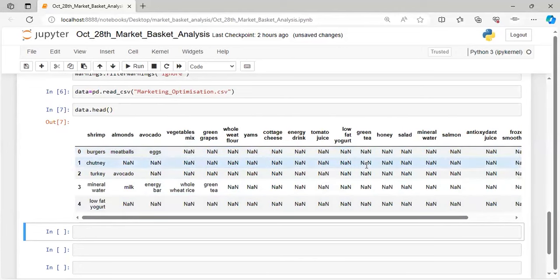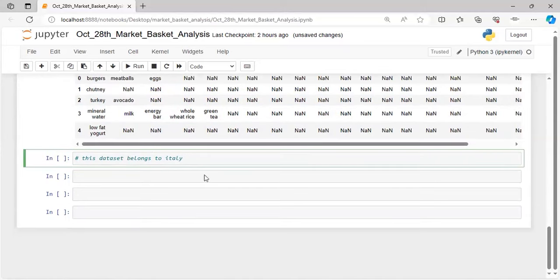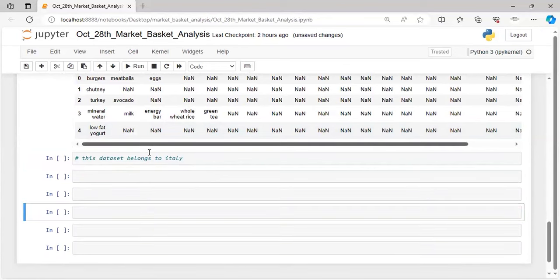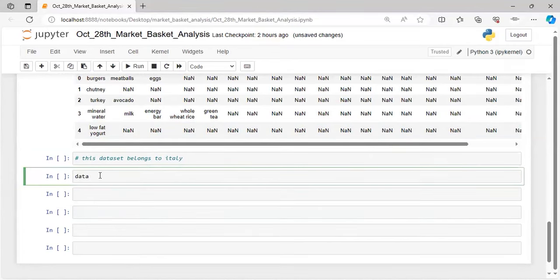No problem, we'll see that also. Most of the items you will find are yams, cottage cheese. Any data set you can use. So we are using this particular data set. You can check the shape of the data, and data.info.